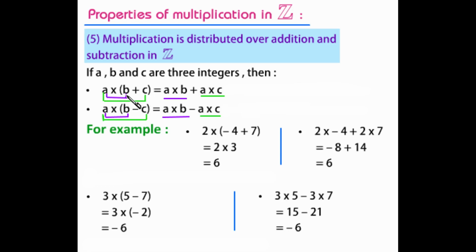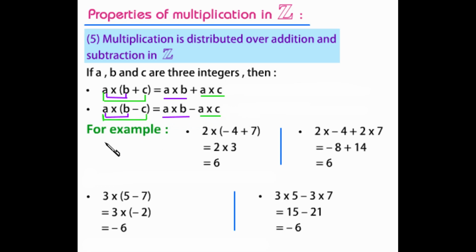By using the distribution property, that equals A times B plus A times C. Another example, A times (B minus C). By using the distribution property, that equals A times B minus A times C.